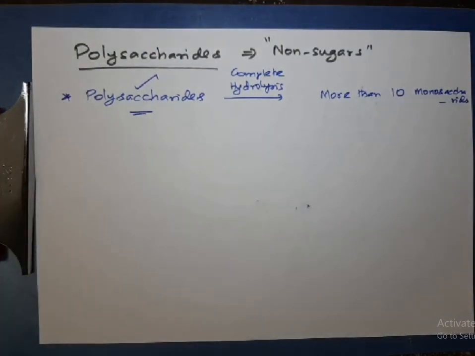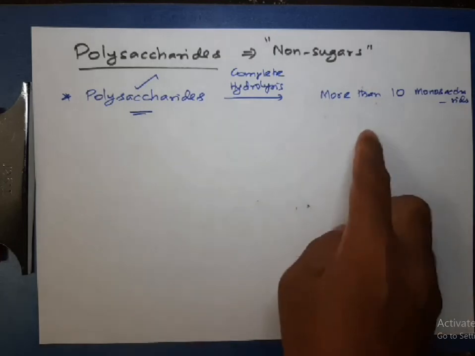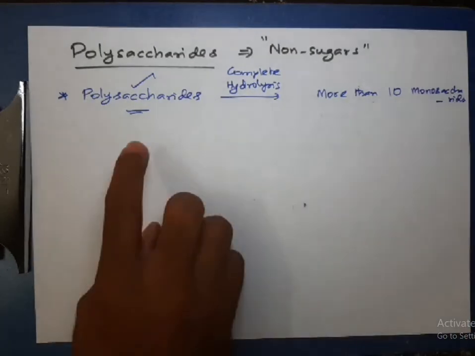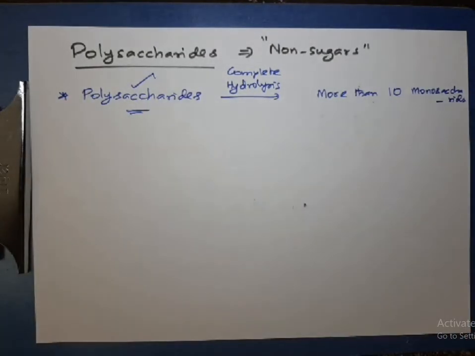Usually it will give 100,000 monosaccharides like that. You will get a huge number of monosaccharides. But for definition purposes I am saying, if you get more than 10 monosaccharide units, we call that carbohydrate a polysaccharide.